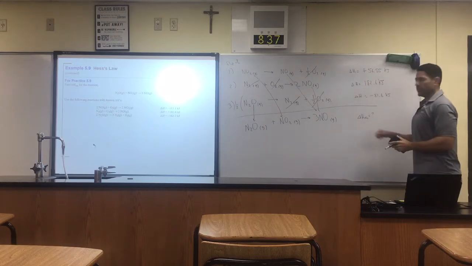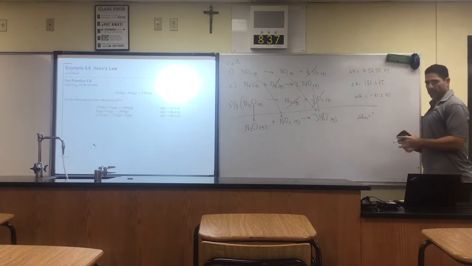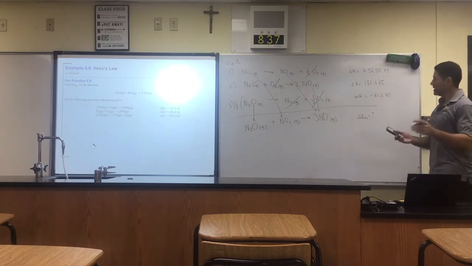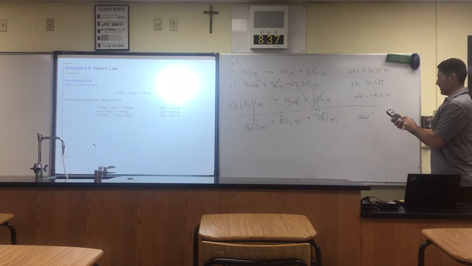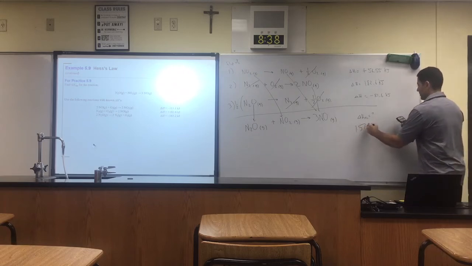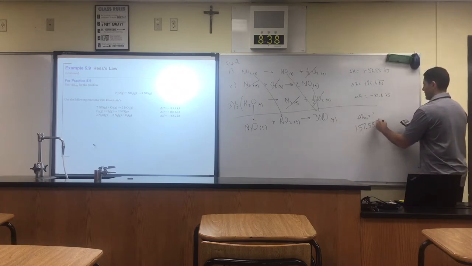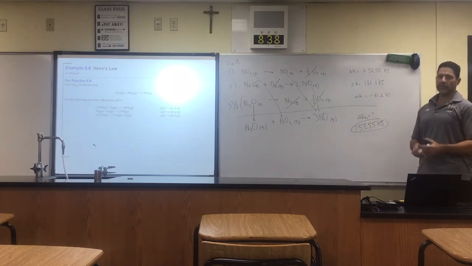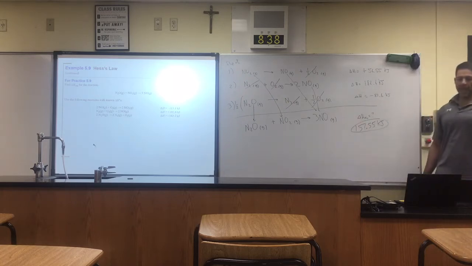So how do you find the one we want? Add them up. That is how Hess's law works. So we go 56.55 plus 182.6 plus negative 81.6, we get 157.55 kilojoules, and that is our delta H for this reaction.